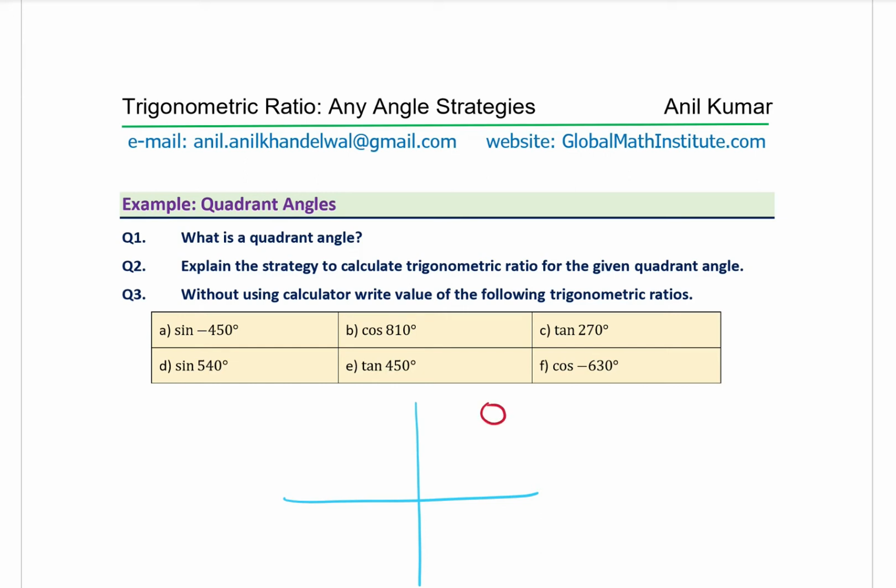Starting from the right hand side top, we write that as quadrant 1. This is quadrant 2. Then we have quadrant 3 and 4. Correct?